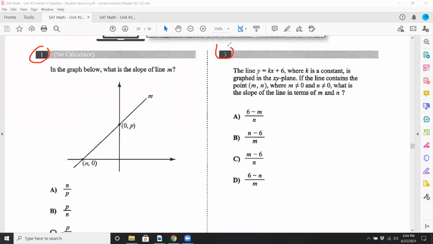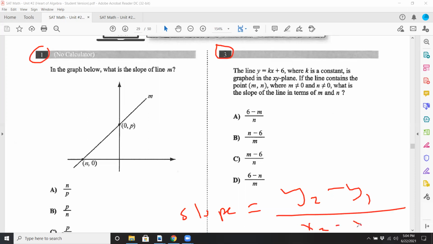Again, I'll give you a couple of minutes. Try 1 and 3. Read it carefully. For 3, you have to think a little bit outside the box. You're going to have to extend yourself a little. I think 1 should be pretty straightforward. And if you forgot, slope is change in y over change in x.